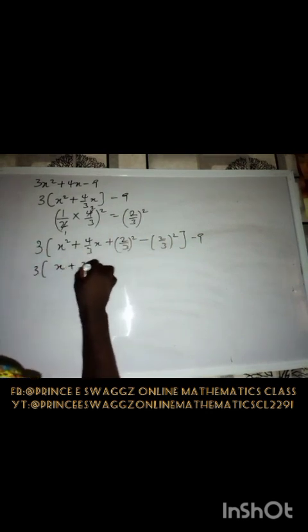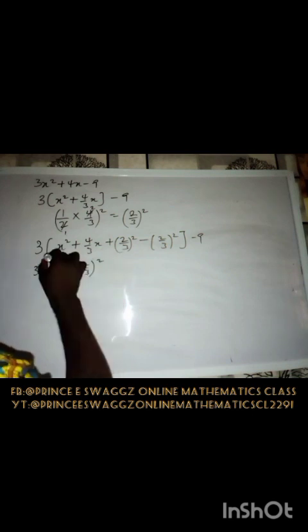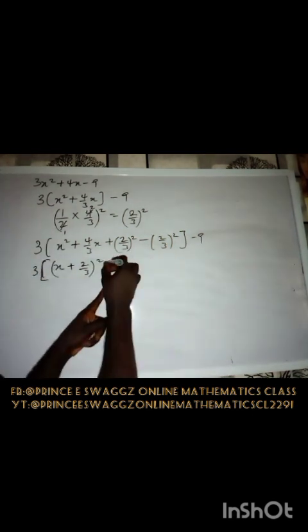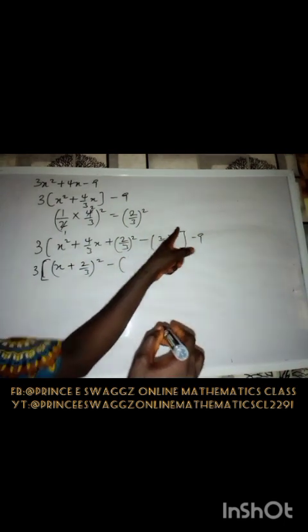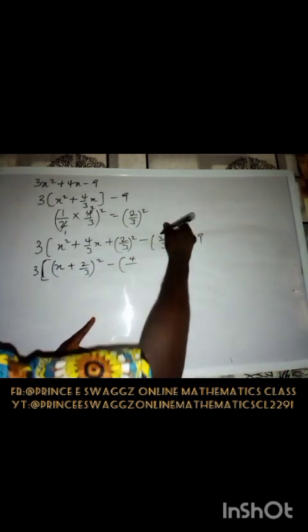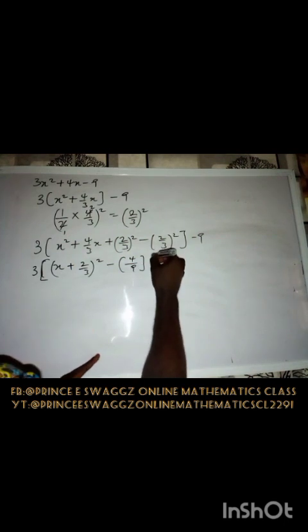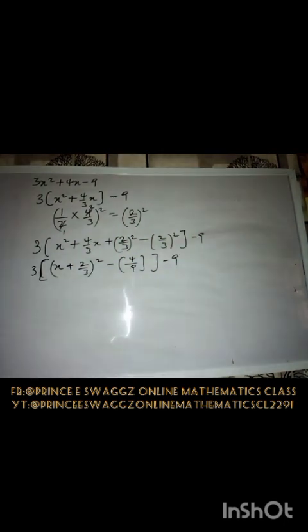We pair this together: x plus 2 over 3 all squared. Then 2 squared is 4, 3 squared is 9, then minus 9.